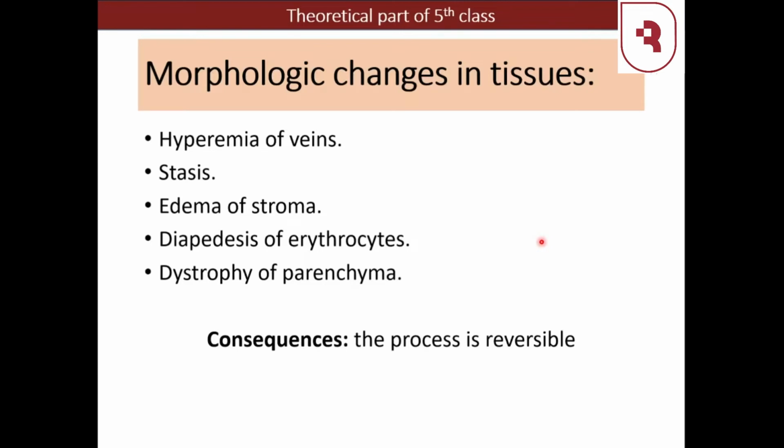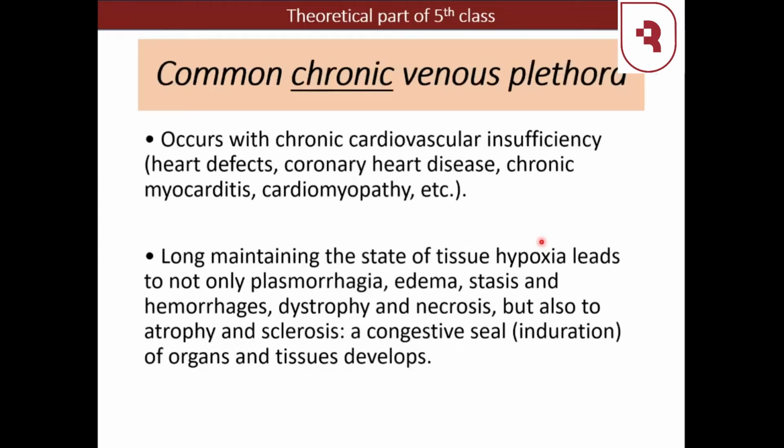The process sometimes may be reversible. If we eliminate the factor which leads to venous hyperemia and restore the function of the heart, for example, we will see recovery of all tissues and organs as a result.